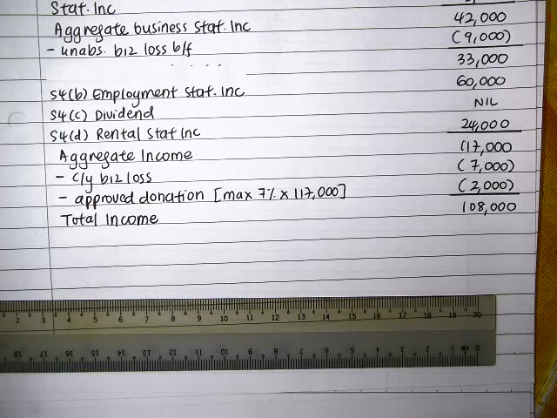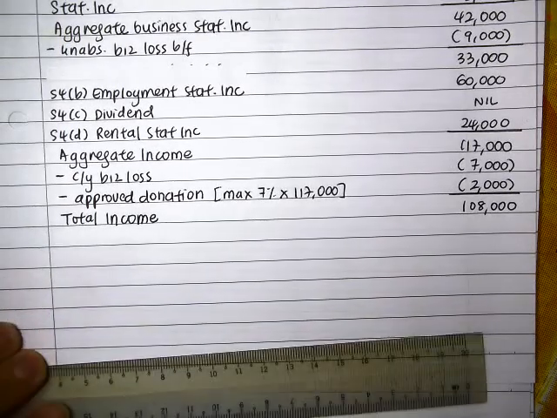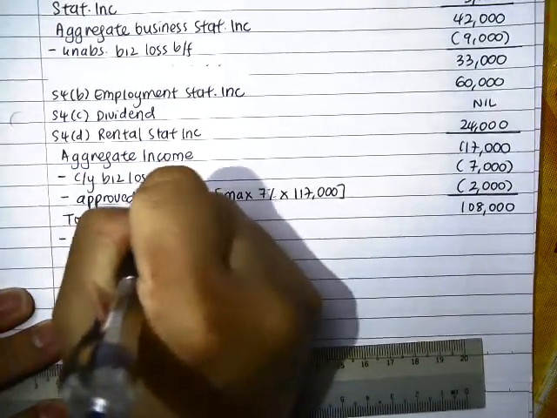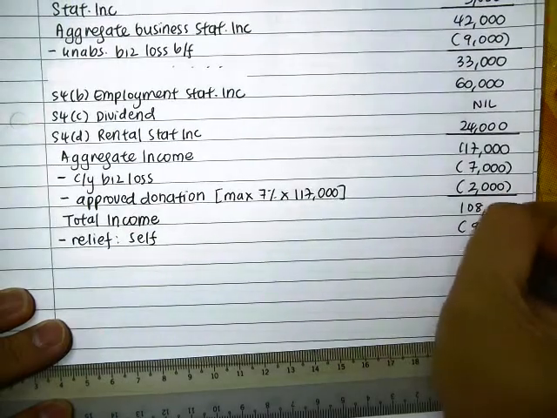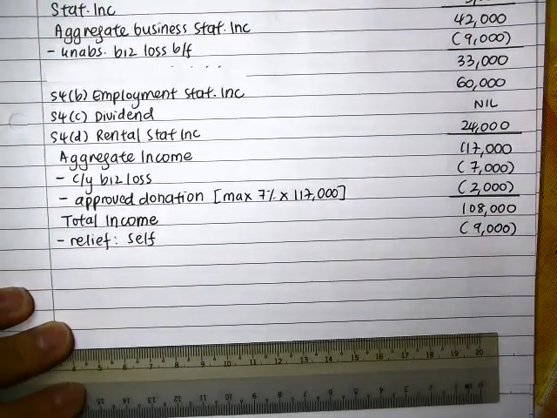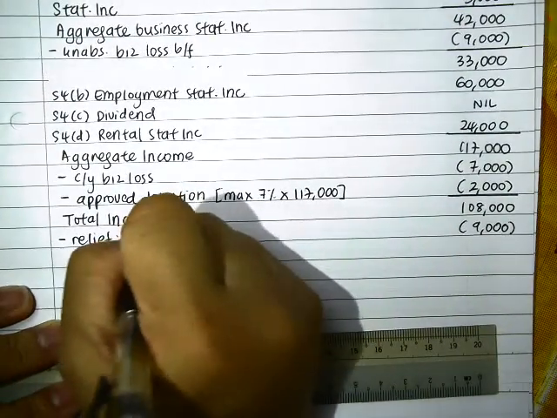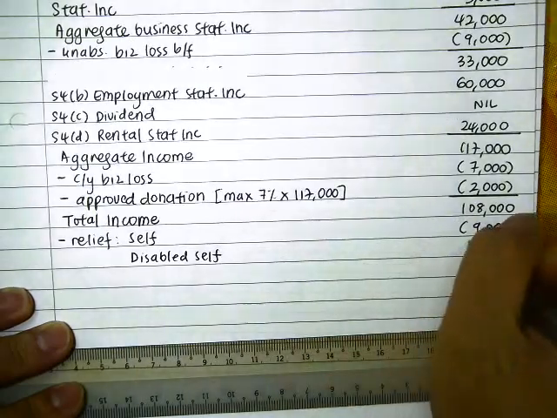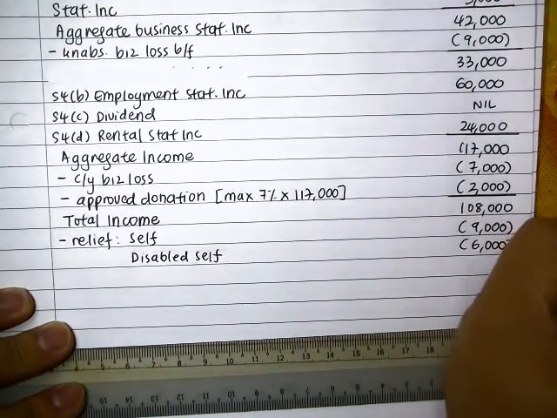Now from the total income, you're going to claim relief, right? So the various reliefs available here. An individual will be given a personal deduction of 9,000, correct? If a person is disabled, then you get an extra 6,000.